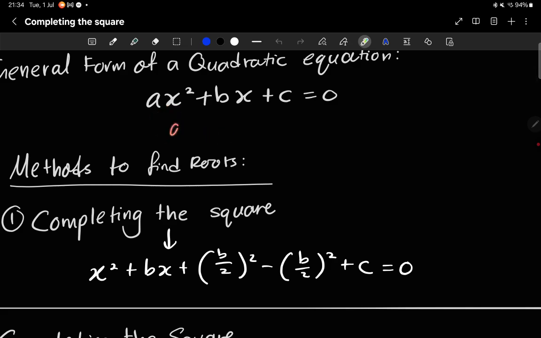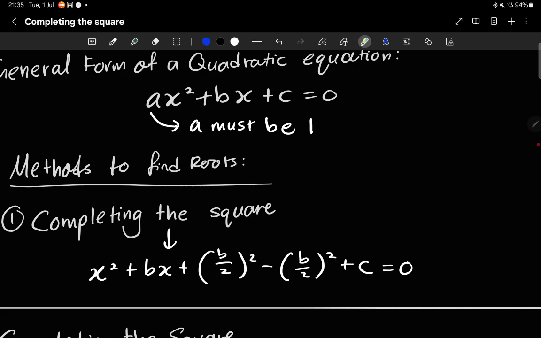Okay, the a cannot be any other number besides 1. It cannot be -1. It must only be 1. Okay, so let me just write that down. A must be 1. Okay, it cannot be any other number, any other negative, a fraction. It must be a 1.